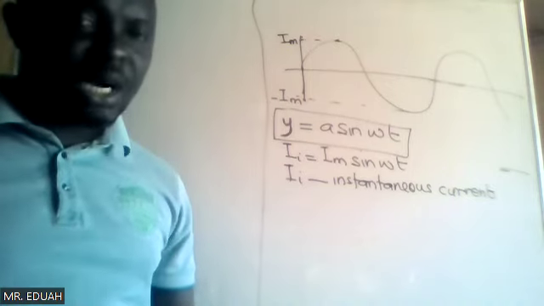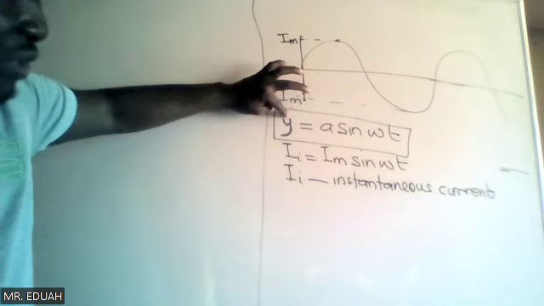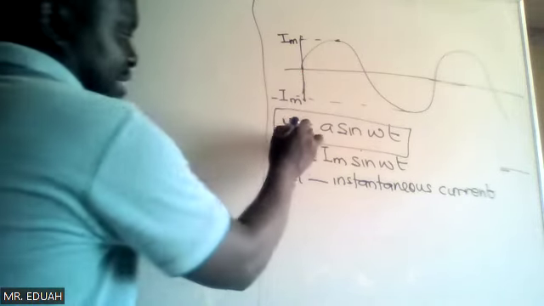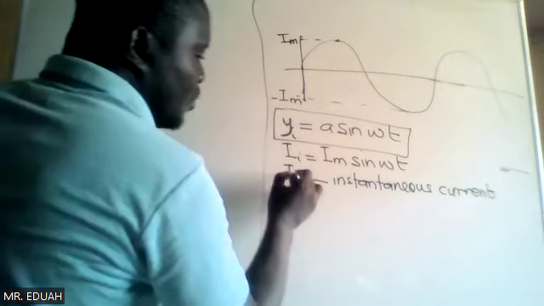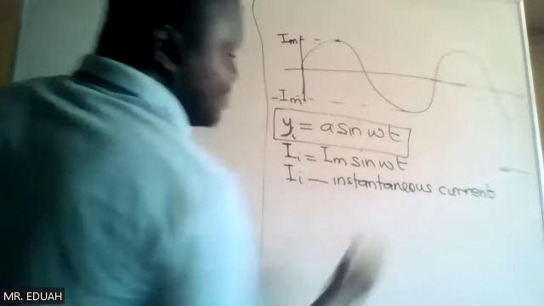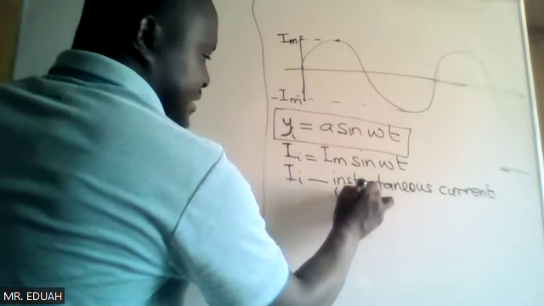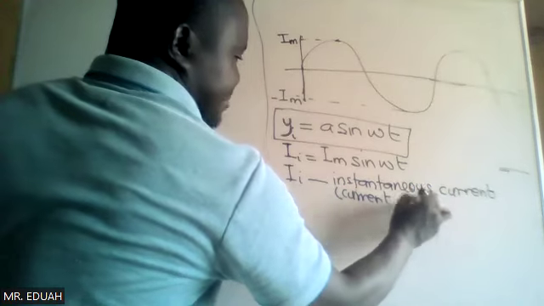We can always find y when the time is known. Bringing this to the current, we refer to this i as the instantaneous current, meaning the current within a given time.